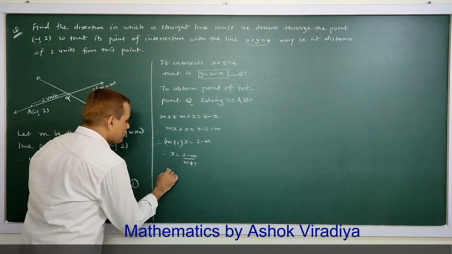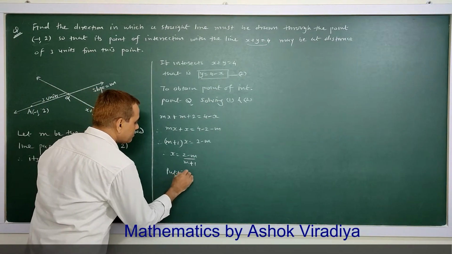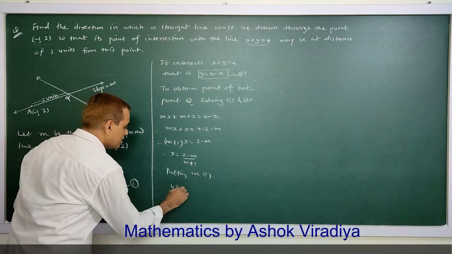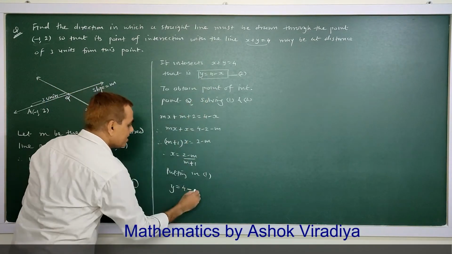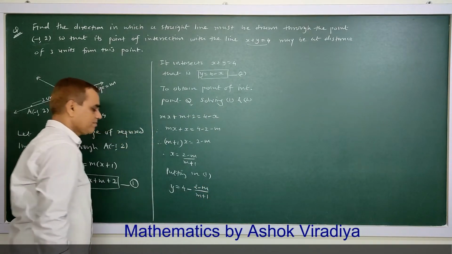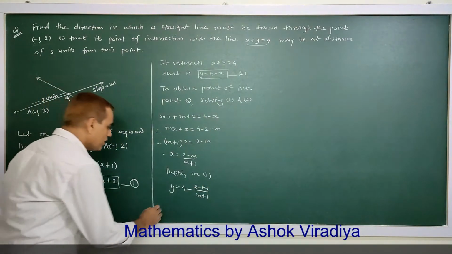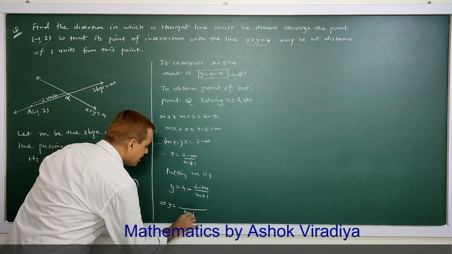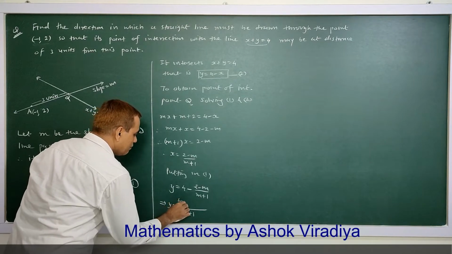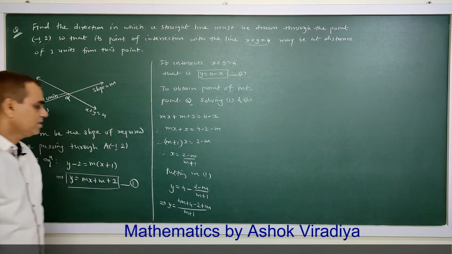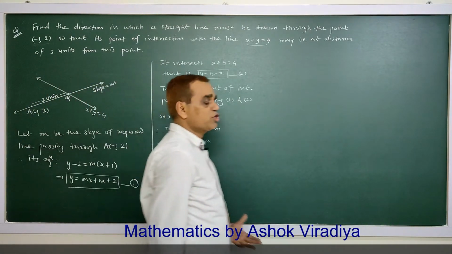Now putting this in the equation, y is 4 minus x, where x is (2 minus m) upon (m plus 1). Taking LCM m plus 1, we get 4m plus 4 minus 2 plus m, so this is 5m plus 2.